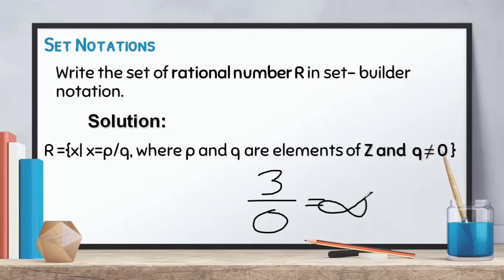So if we're going to have a fraction, we cannot put 0 as its denominator. If you input that using your calculator, the calculator will say syntax error, meaning undefined. So you will not have any answer for your fraction whenever you have 0 as your denominator. Any question? None. Okay. All right.